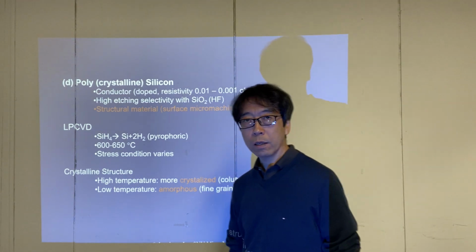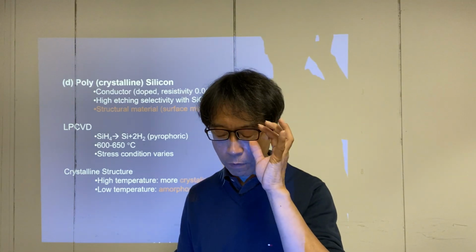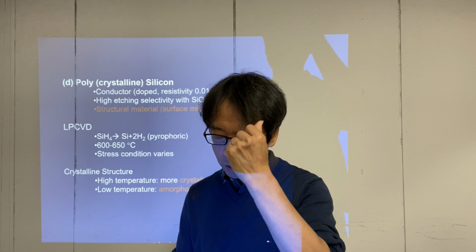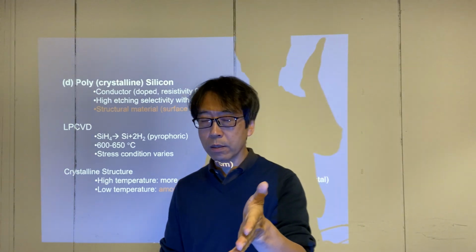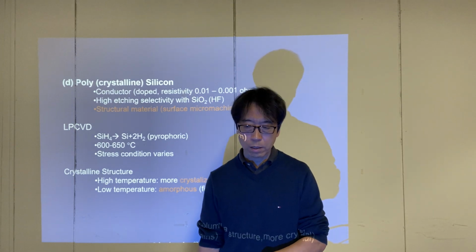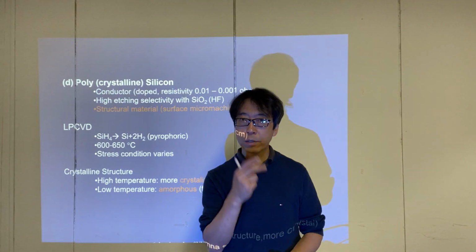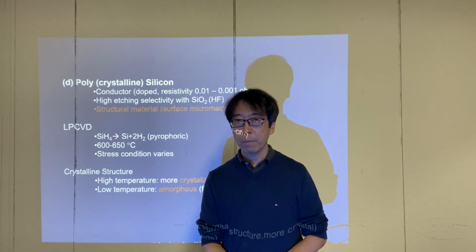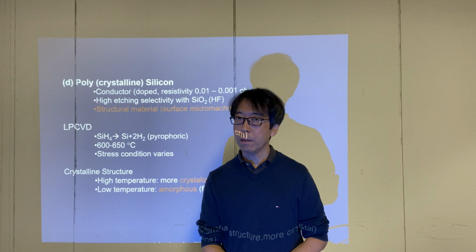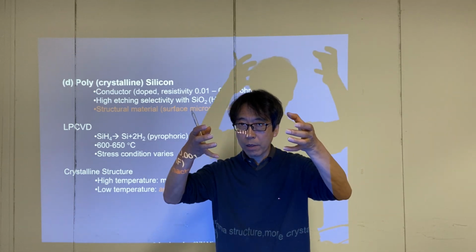Turns out that this polycrystalline silicon is at the heart of microelectromechanical devices nowadays. Some of the devices that you use in your mobile phone are accelerometers, rate sensors, gyroscopes, membranes, timing devices, and even the camera lens control devices.